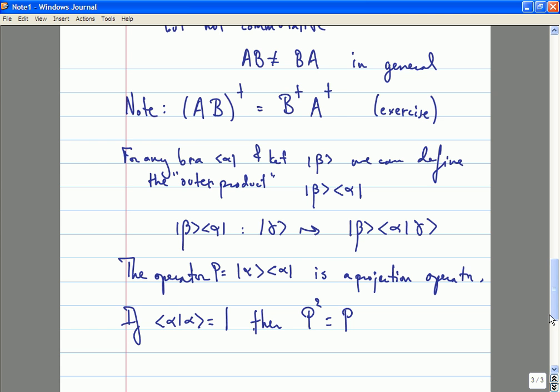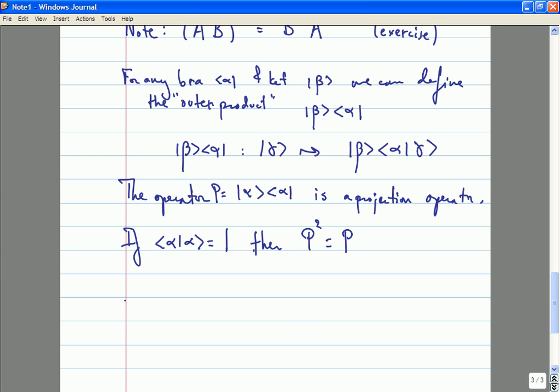And then there are two more properties that you can either believe or you can prove to yourselves if you're skeptical sorts of people. The first is that the Hermitian conjugate of the exterior product between alpha and beta is the exterior product between the dual bra and ket, beta alpha.